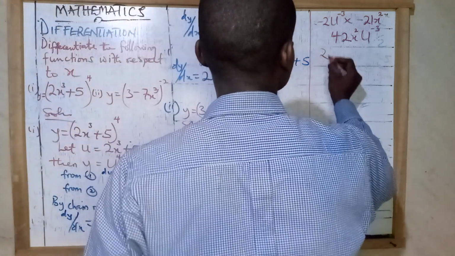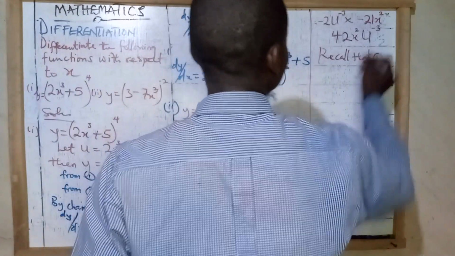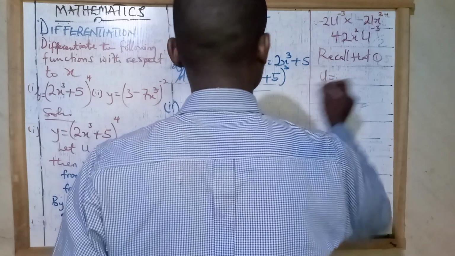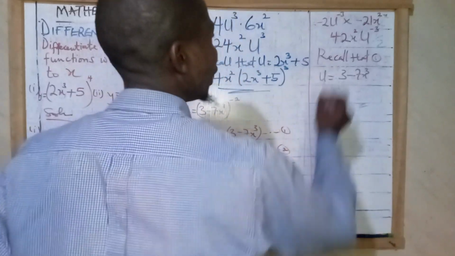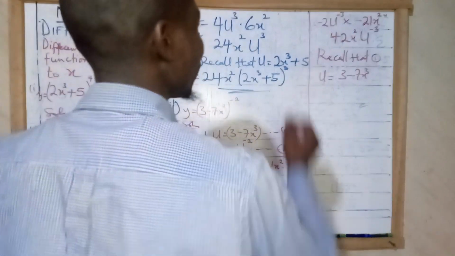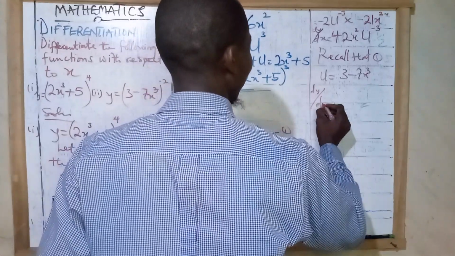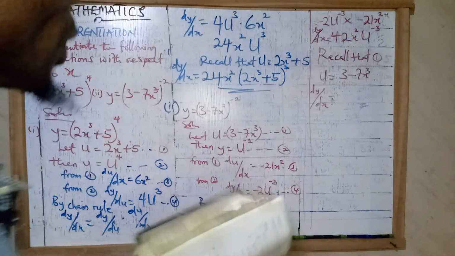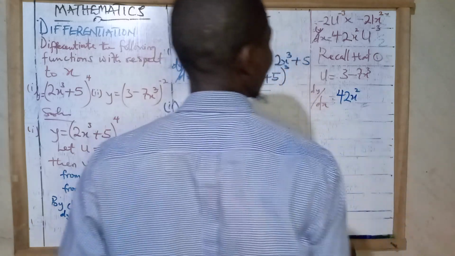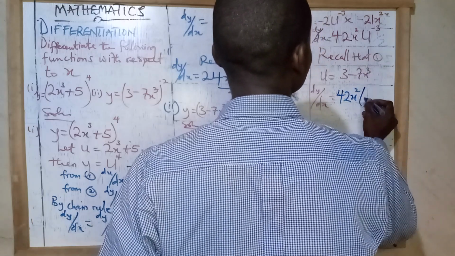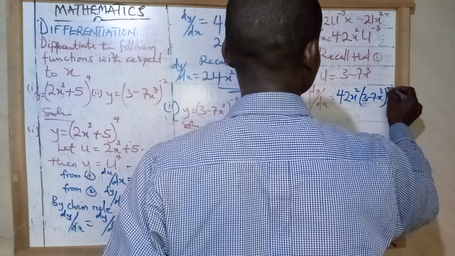We now recall that in equation 1 we said let u equals 3 - 7x^3. Then dy/dx will now be equal to 42x^2 times u, that's (3 - 7x^3), everything raised to power minus 3.